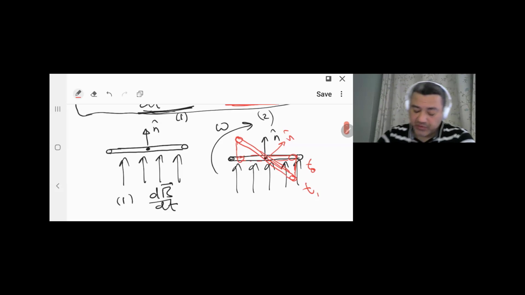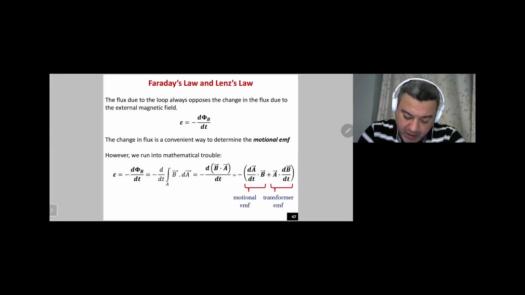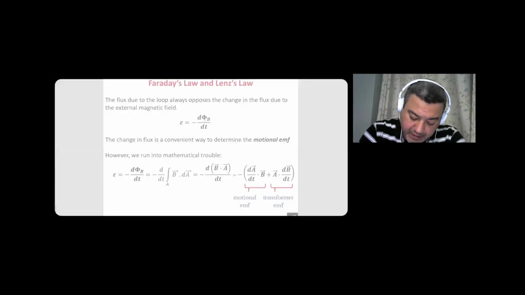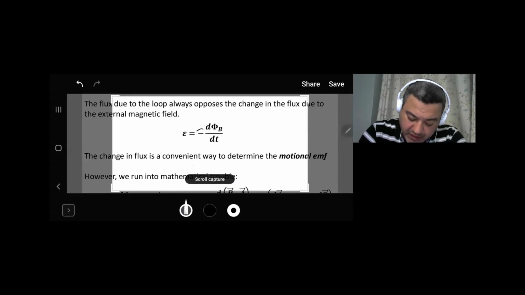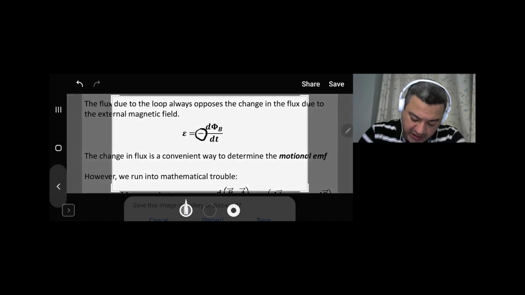Now, when it comes to Lenz's law, Lenz is responsible for this negative sign. How is this happening? We will see in the next slide.